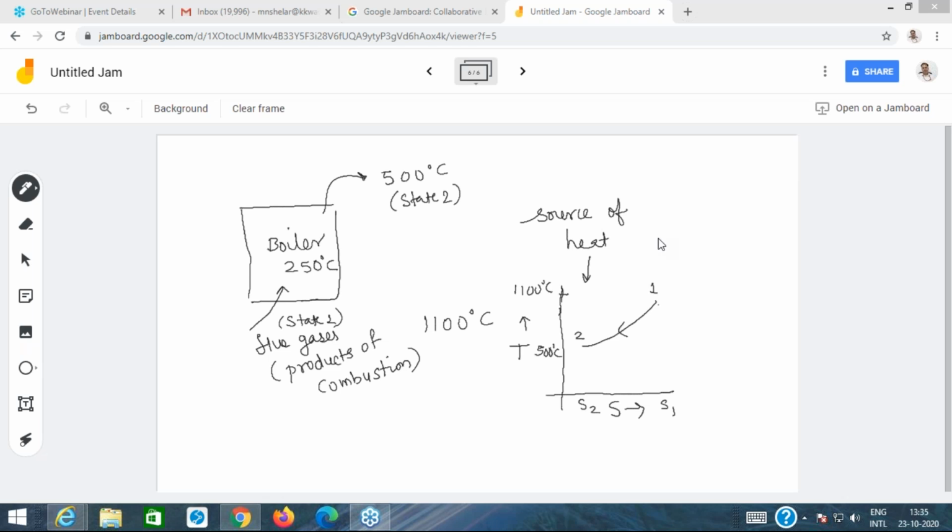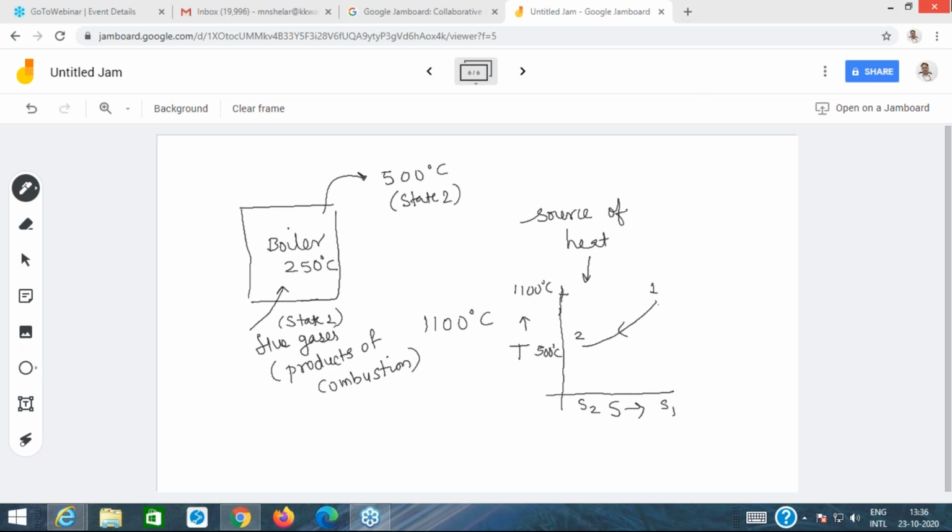Gautam is saying yes. How can we show? We can show it by the area under the line 1 to 2.